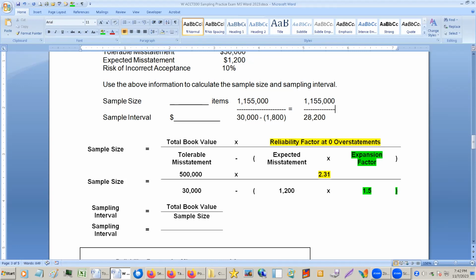And so this will be our sample size. We round it off to the nearest whole number, so 40.95, 41. You guys got it?